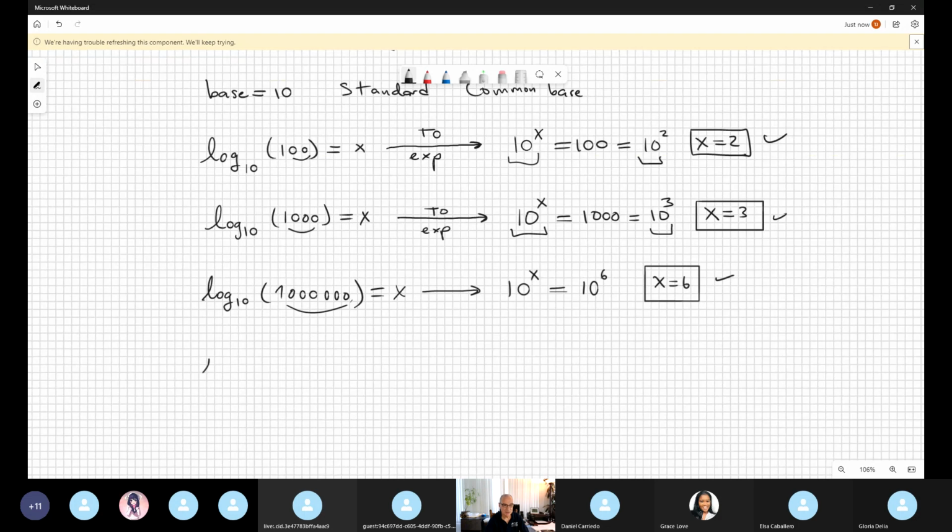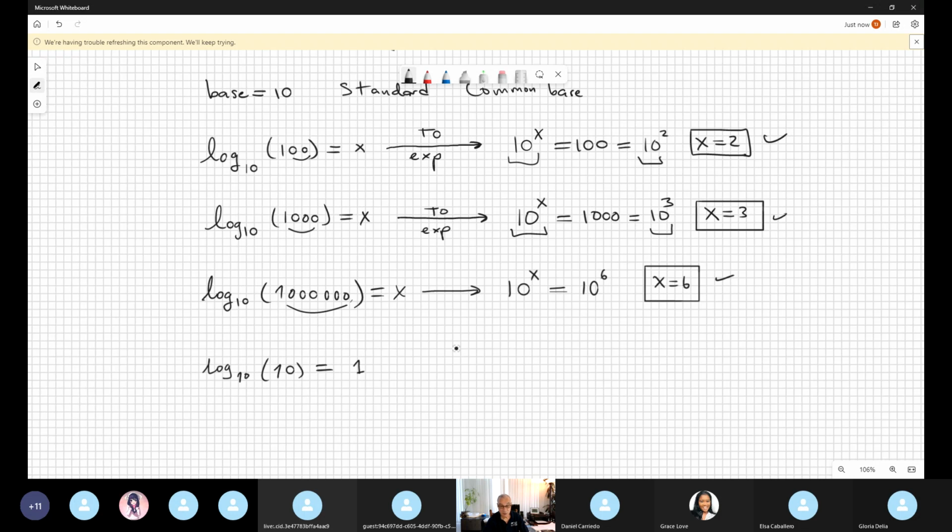Suppose logarithm of base 10 of 10. What is the answer? 1. Exactly. Very well. How do you know? Because the exponent that you need to raise 10 to in order to get 10 is obviously 1, no?